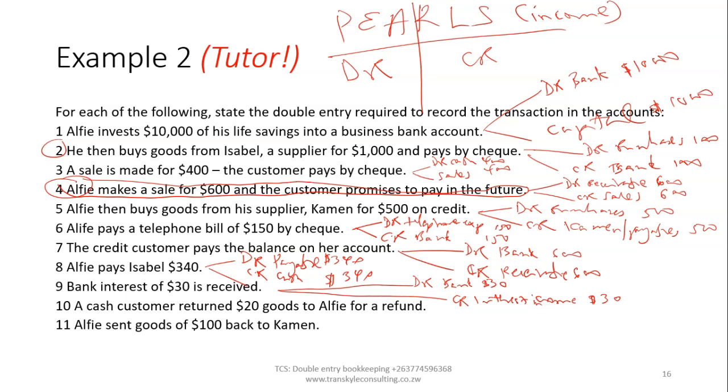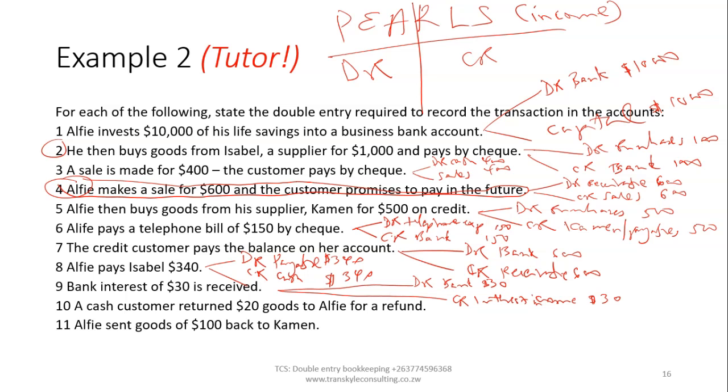A cash customer returned $20 worth of goods to the business for a refund. So these guys have returned the goods they have bought from Alfie for a refund. So we are being tested to tell the examiner if we understand the double entry bookkeeping system.